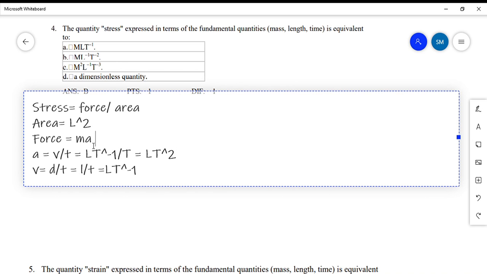So the dimensional formula for the force is simply equal to M times the dimensional formula for the acceleration, L T power -2.